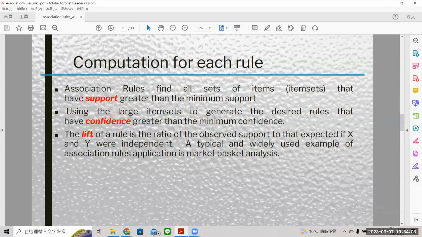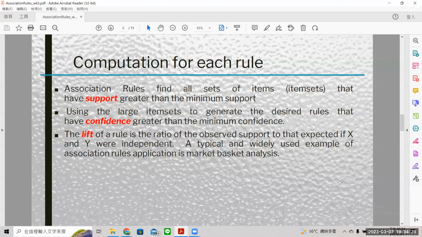And association rule finds all sets. So please remember these three, because these three indexes can be measured by math formulas. We will take a look at this one. Association rule finds all sets of items. We can call these item sets.